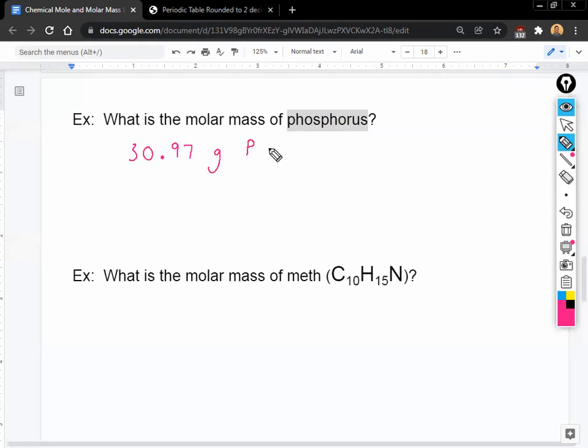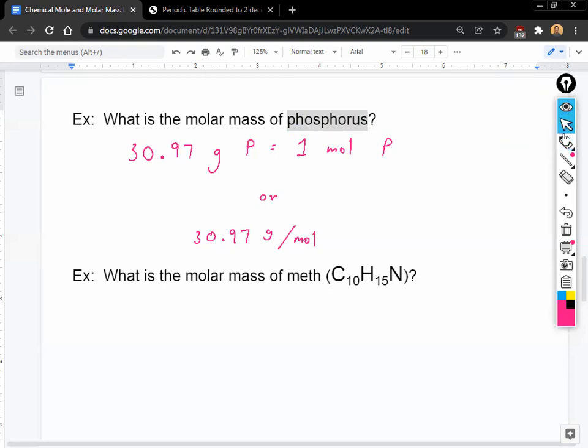You can either write grams of phosphorus equals 1 mole of phosphorus, or you can write it this way. I think this is a lot faster. 30.97 grams per mole. Either way is going to work, but you have to give me the unit of measurement. You cannot just give me the number. All right, makes sense? You guys ready to make it a little bit more challenging?